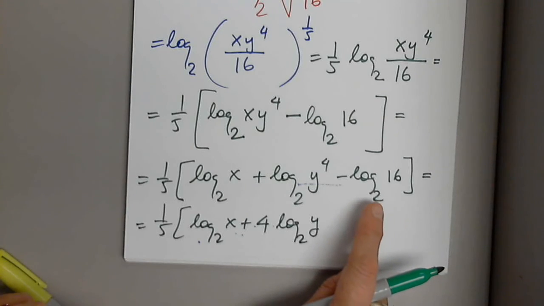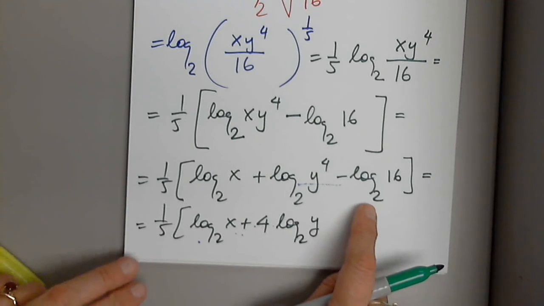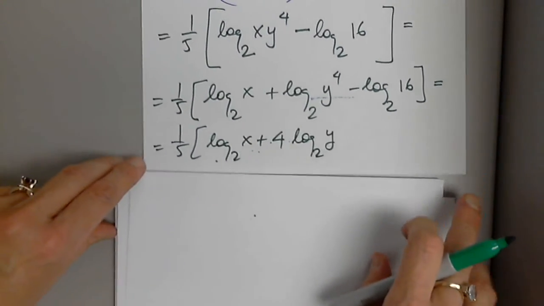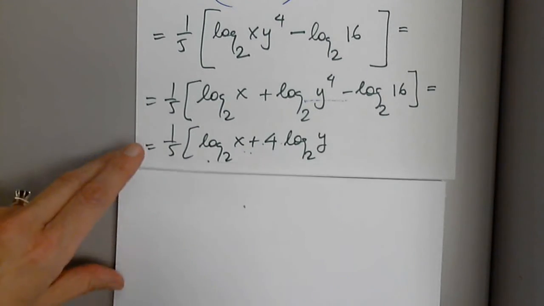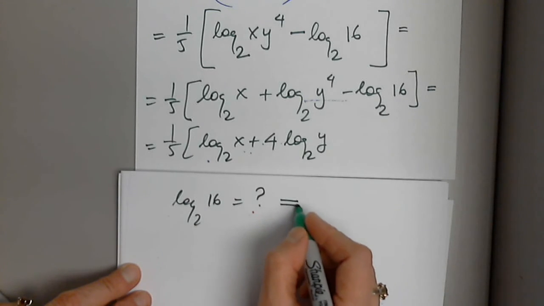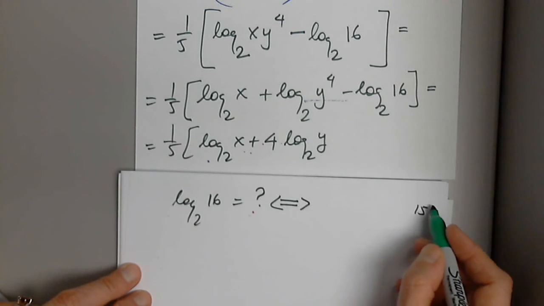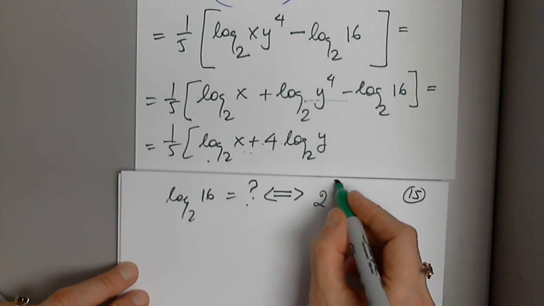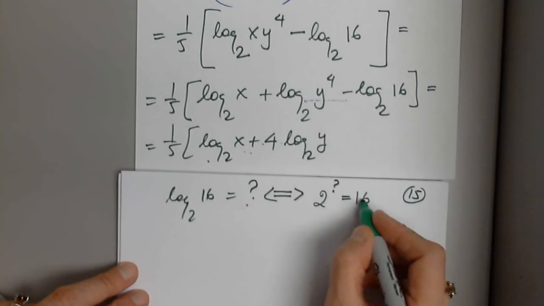And I have to think about this for a moment. Log base 2 of 16 is unknown, but I know that this can be changed into 2 raised to whatever equals 16.